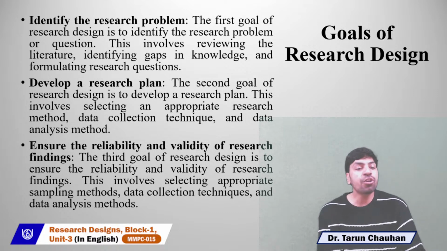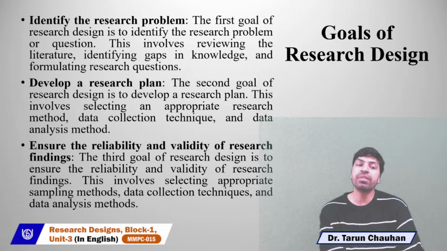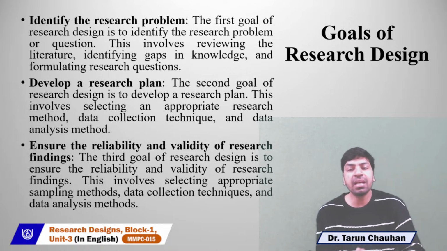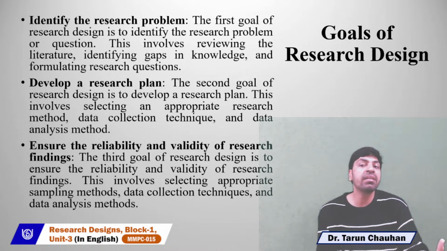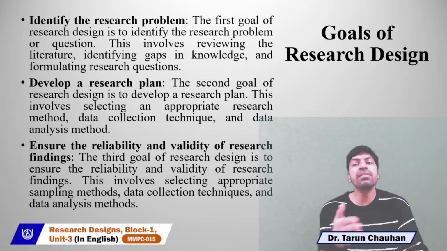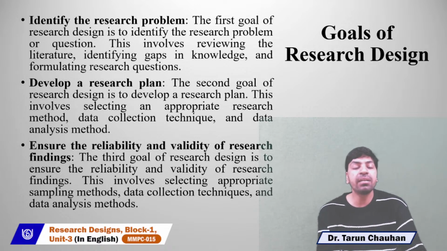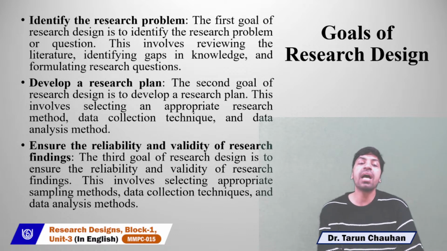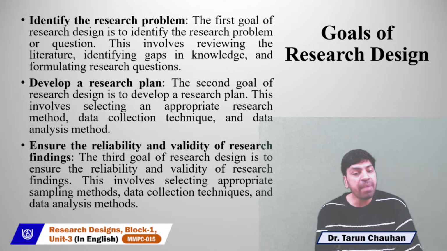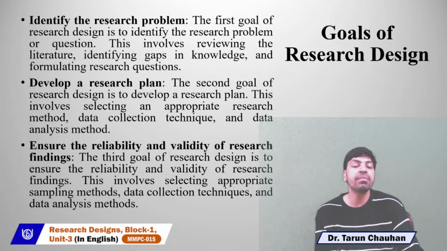Next is to ensure the reliability and the validity of the research findings. So the third goal of the research design is to ensure the reliability and the validity of the research findings, that is, whether the research design the researcher has prepared and implemented is actually useful to make the research findings valid and reliable. That is very important to understand because it could be done by selecting the appropriate sampling methods, which would be random and non-random sampling.